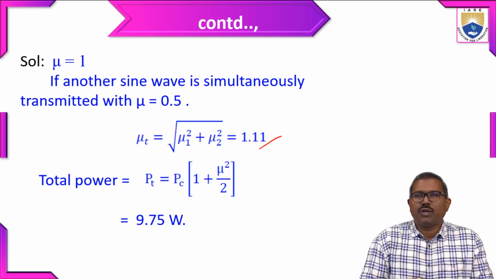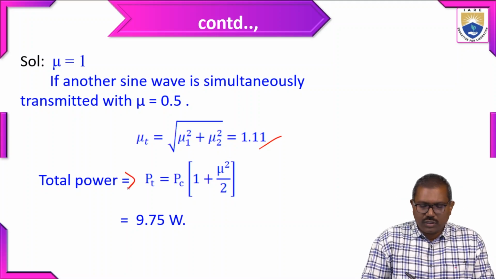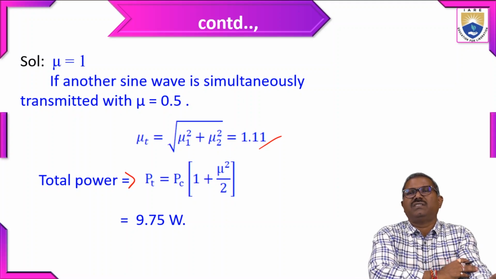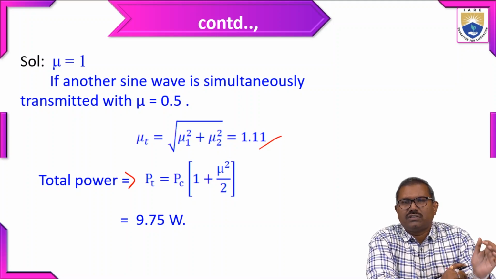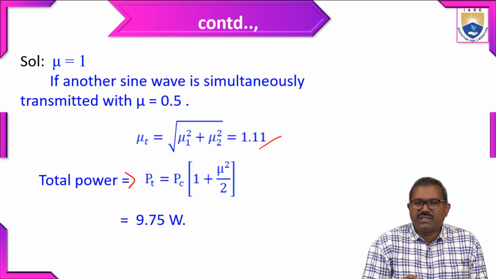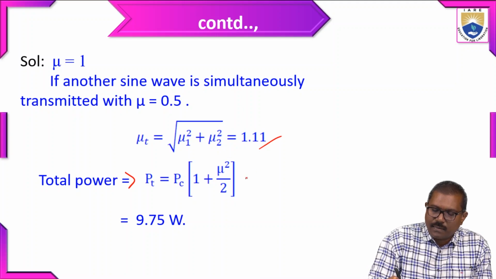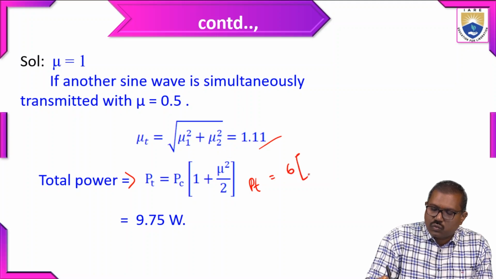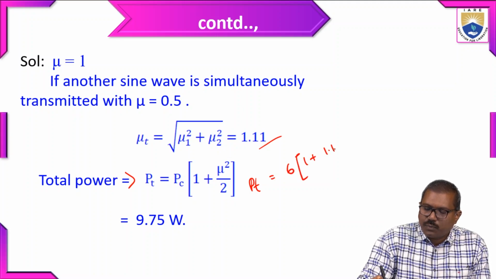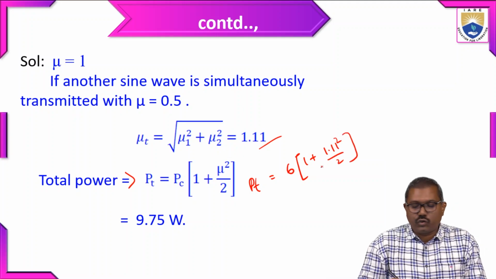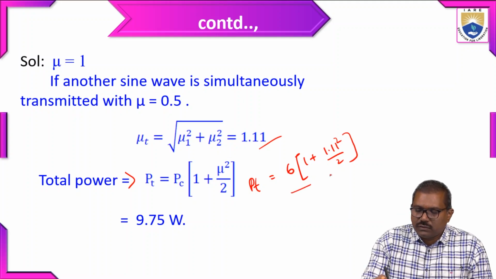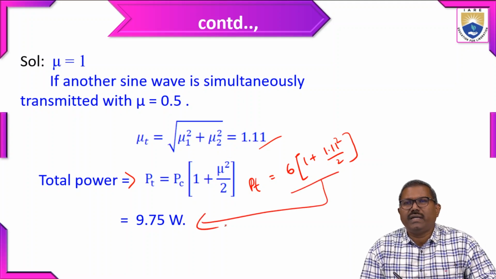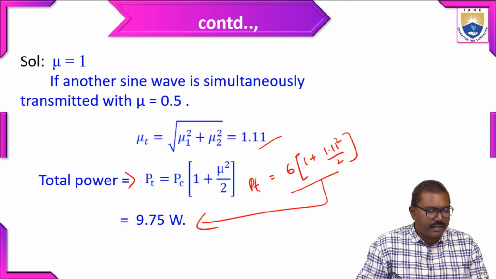So again the total power, Pt is equal to Pc into 1 plus mu square by 2. So substituting all these values, my Pc is 6 kilowatt. So Pt is equal to Pc 6 into 1 plus 1.11 square by 2. So solving these values, you are getting this value 9.75 kilowatt.